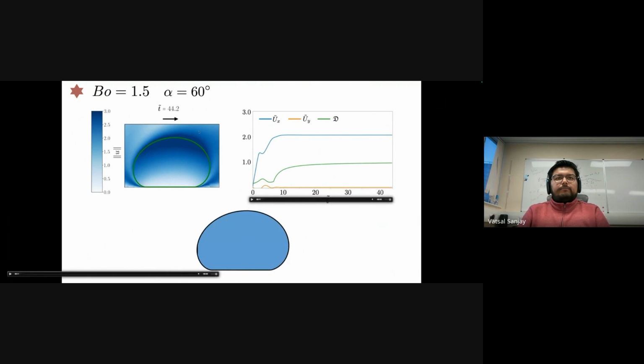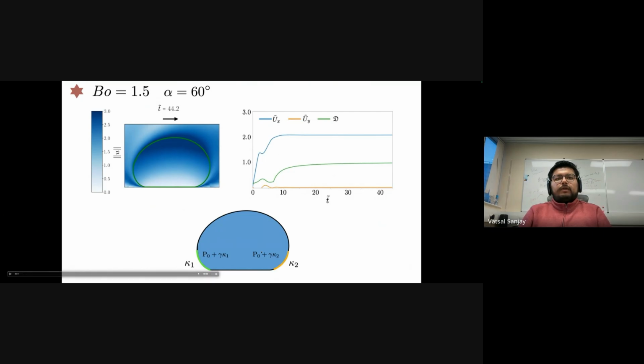What is interesting is that if we look at the shape over there, the nose and the tail of the droplet have different curvatures, so you have a kappa 2 and kappa 1. If you think about the pressure just inside the nose and the tail, then we have different pressures. Of course, this is a moving droplet, and that's why it can sustain these two different pressures.